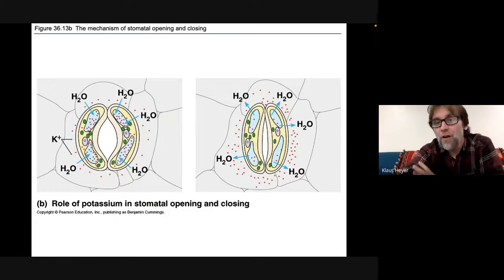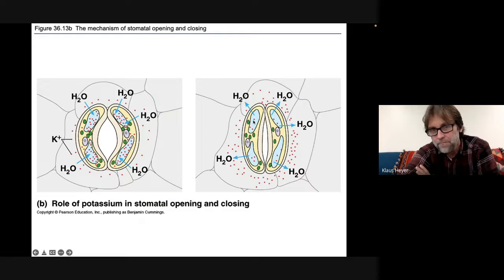So these guard cells have two, as you can see. And you see the cell itself is not perfectly round. They're elongated cells. And then these are like chloroplasts, whatever these are. But these right here, the vacuoles, they have got two.